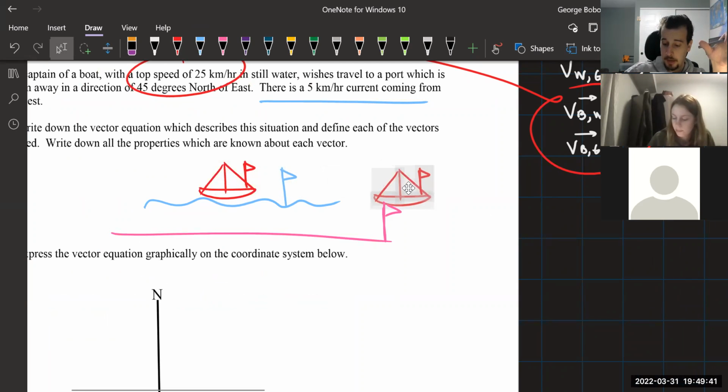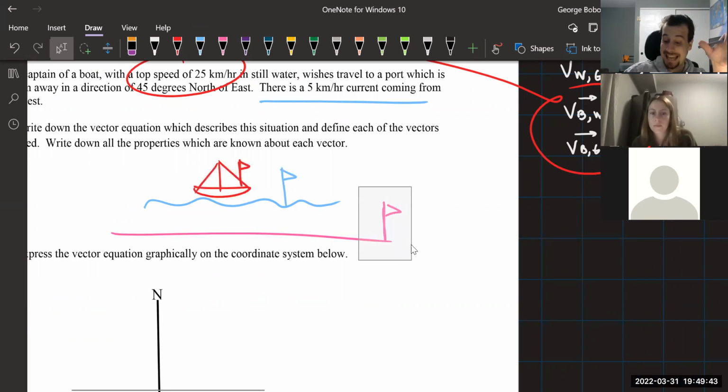So the ground reference cares about the water moving, but the water reference does not. The water reference is literally itself. It doesn't care. You're following it.